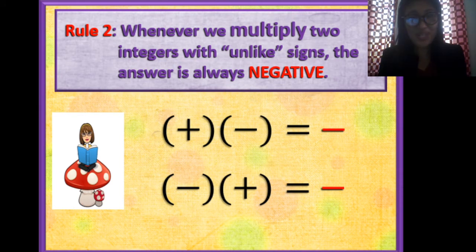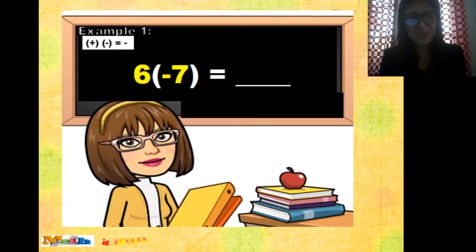Okay, let's have examples for rule number 2. 6 times negative 7. One is positive and the other is negative. So by applying rule number 2, multiplying integers with unlike signs, the product for 6 times negative 7 is negative 42.